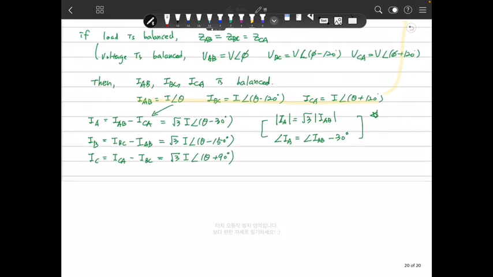So the line current's magnitude is multiplied by root 3 of the phase current. This is important. And the phase angle is delayed by 30 degrees: the line current phase is delayed 30 degrees from the phase current.